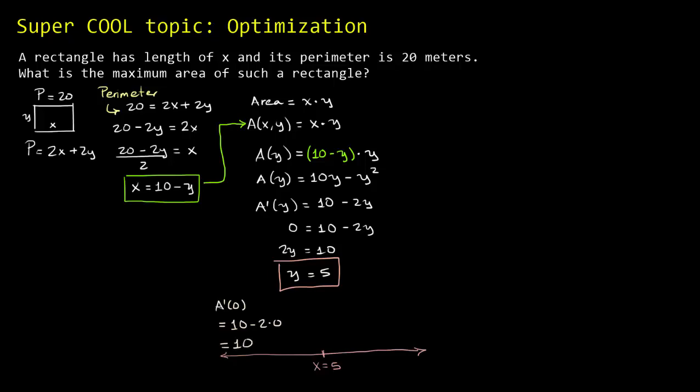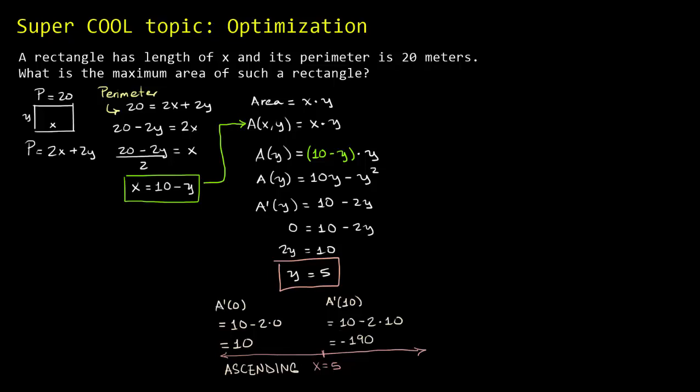This is telling us that the function is ascending up to the moment when it reaches 5. Then I'm going to use, let's say, A prime of 10. This will be equal to 10 minus 2 times 10, which at the end makes negative 10.